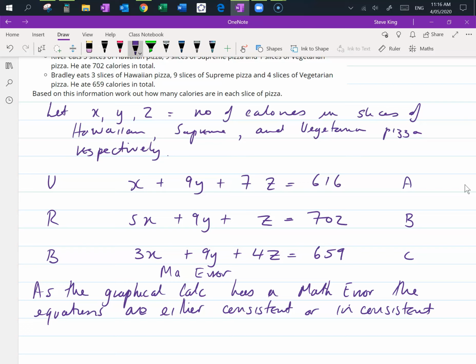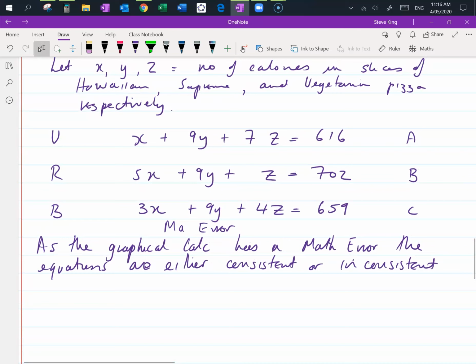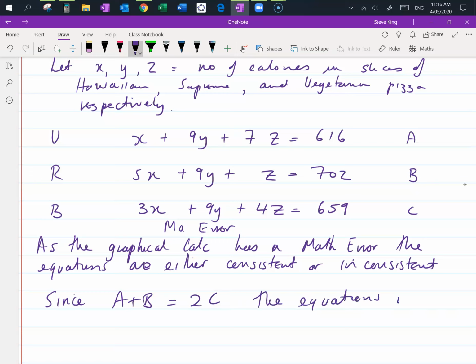So it looks as though we've got a situation of A and B added together giving us equation C. If I go and double 659, that actually comes up as being 1318, and that is the sum of A and B. So we can see that since A plus B equals 2C, the equations must be consistent.